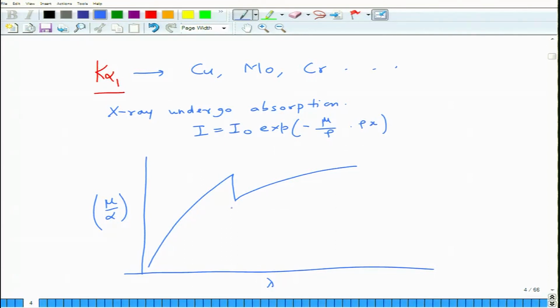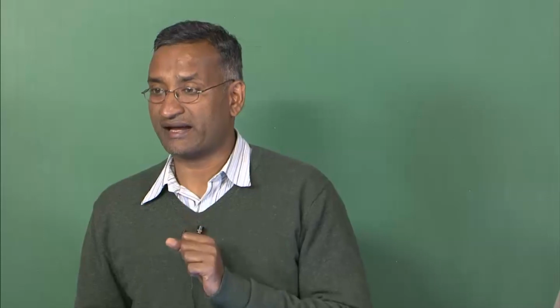So this is basically the point where absorption suddenly decreases, depending upon how you look at it. This is called the absorption edge. The absorption edge corresponds to the energy when E is greater than Ek, when the energy of the incident photon is higher than the K binding energy.